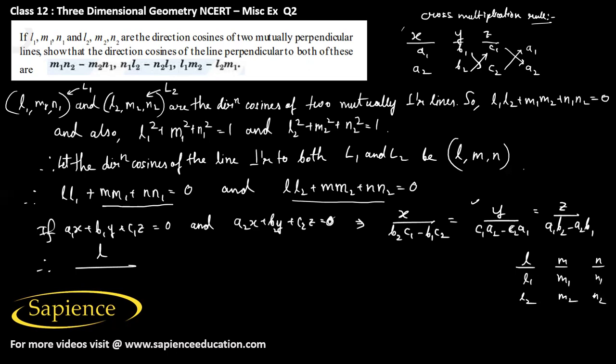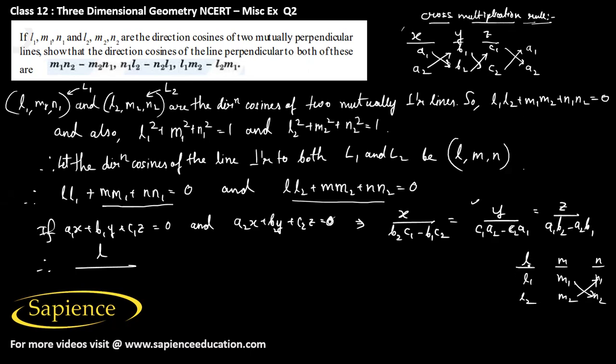So we can tell L by M1N2 minus M2N1. So here we can see that x by b1c2 minus b2c1 is equal to y by c1a2 minus c2a1 is equal to z by a1b2 minus a2b1. So this is the cross multiplication rule.